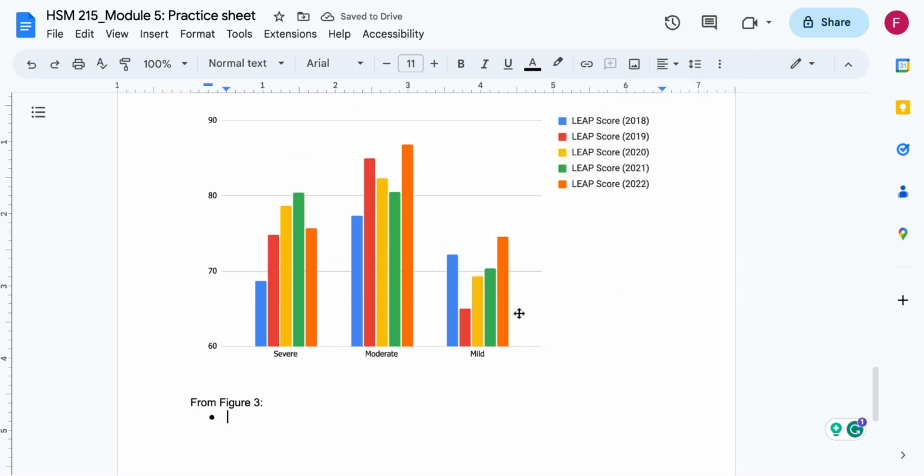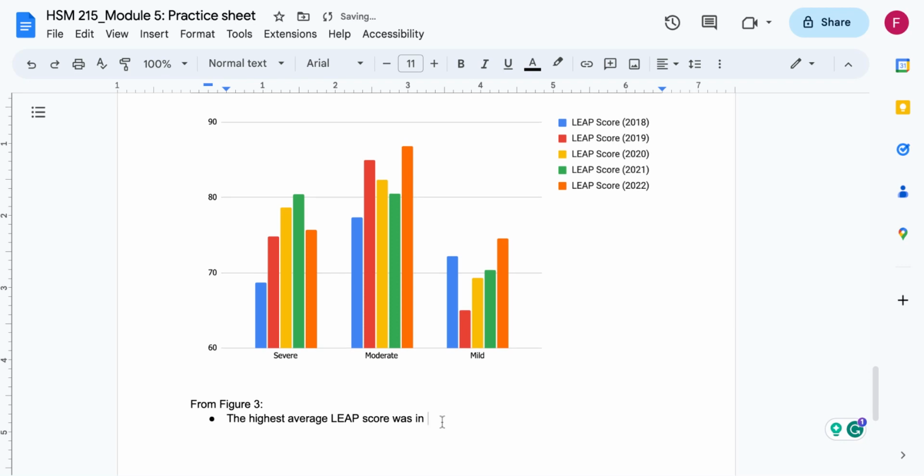From figure 3, we can see here that the highest average LEAP score was from 2022, from the 2022 tests, while the lowest was from the 2019 tests.